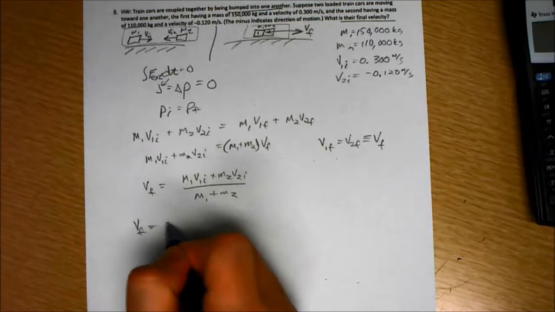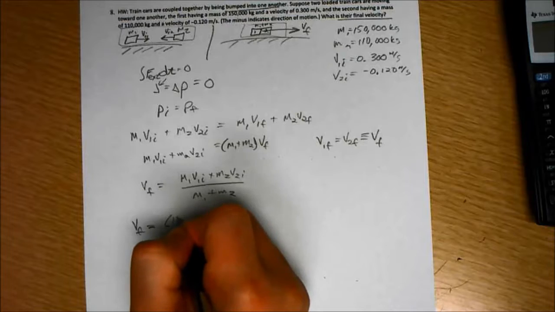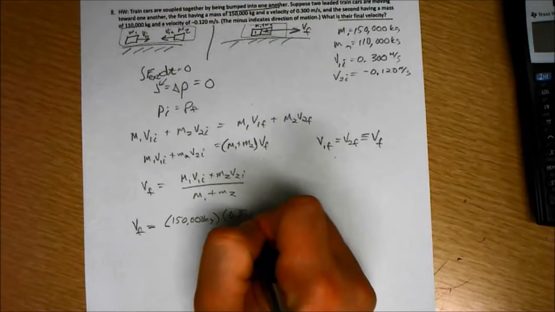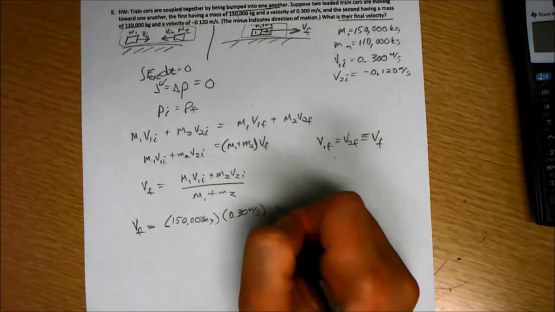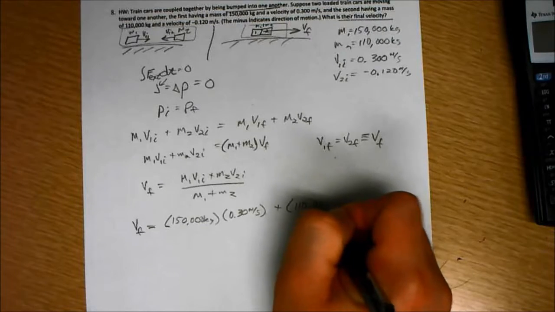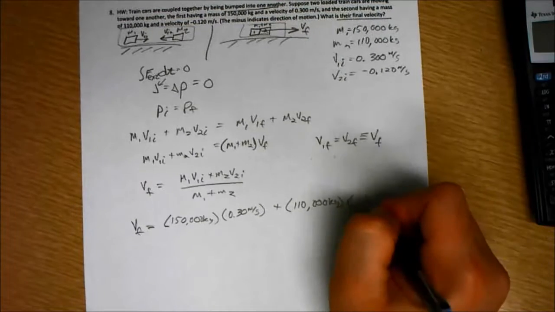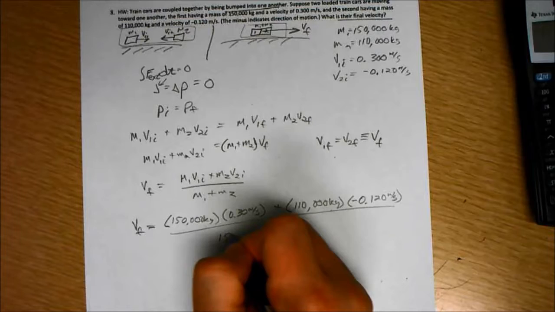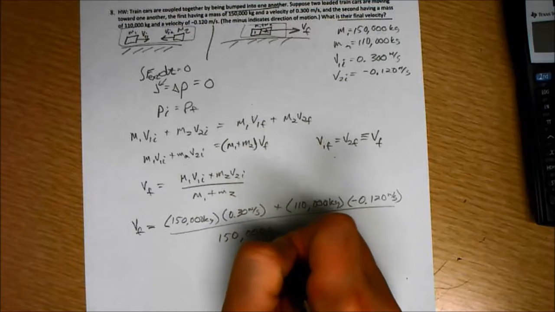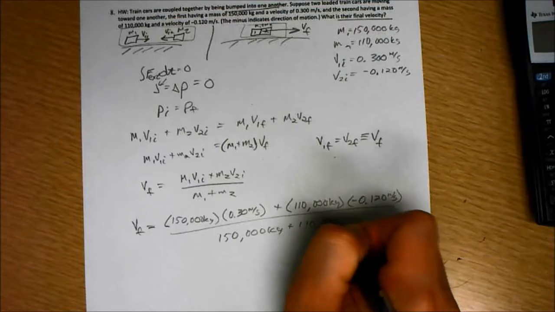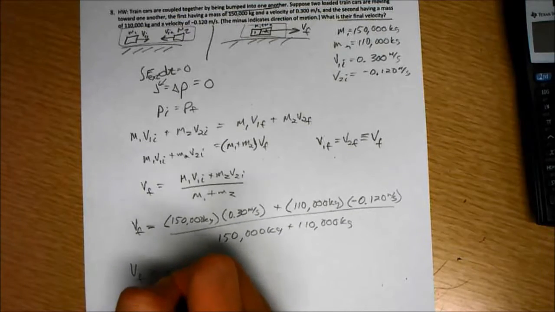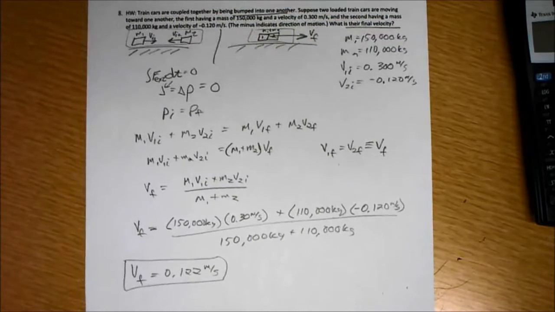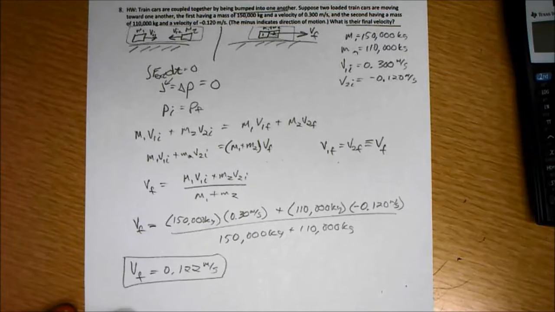V final then is just equal to, now I'm just inserting numbers, 150,000 kilograms times 0.30 meters per second plus 110,000 kilograms times negative 0.120 meters per second, all over 150,000 kilograms plus 110,000 kilograms. So the final velocity then is 0.122 meters per second. And thus concludes the practice exam.